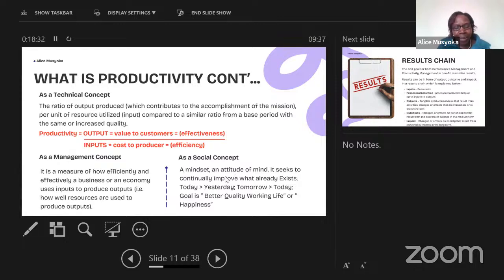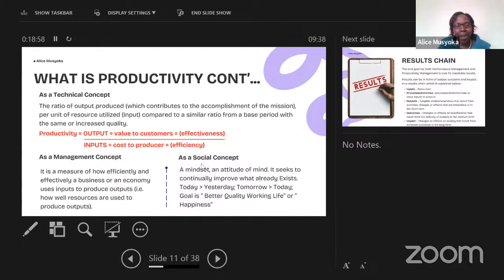And as a social concept, we say productivity is a mindset. It's an attitude of mind. It seeks to continuously improve what already exists, so that whatever existed yesterday is better today and is made better tomorrow.